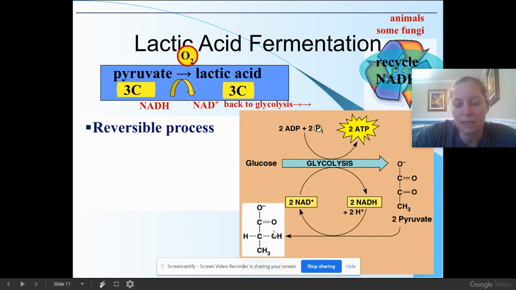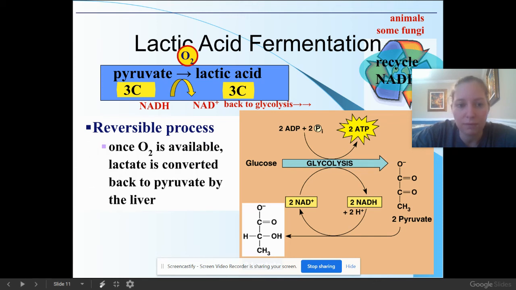This lactic acid is eventually going to make its way to our liver. Within a couple hours of heavy exercise, that lactic acid is going to be out of your muscles and into your liver, and it can get converted back to pyruvate. When we do have oxygen available, that pyruvate can then continue on to complete the rest of aerobic respiration.